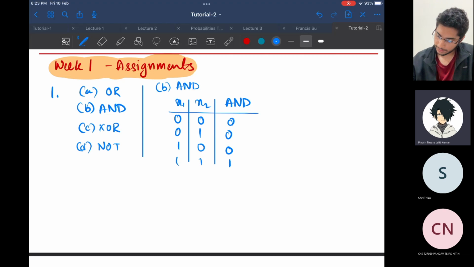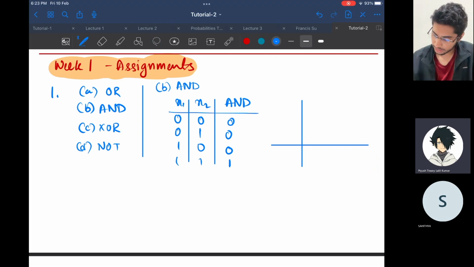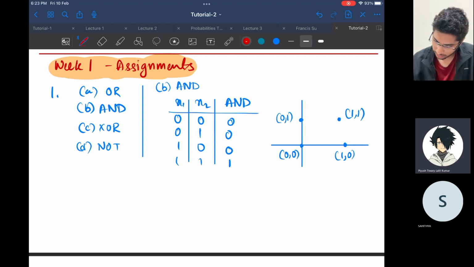Let us try to plot it. This is 0,0, this is 0,1, this is 1,0, this is 1,1. The AND function is true only at 1,1, and in all the other cases it is dormant, so this won't fire, this won't fire, and this won't fire.